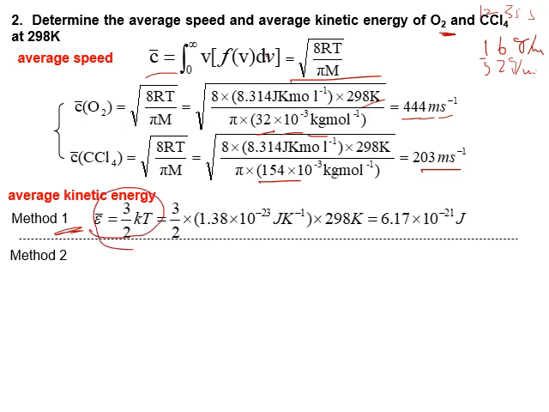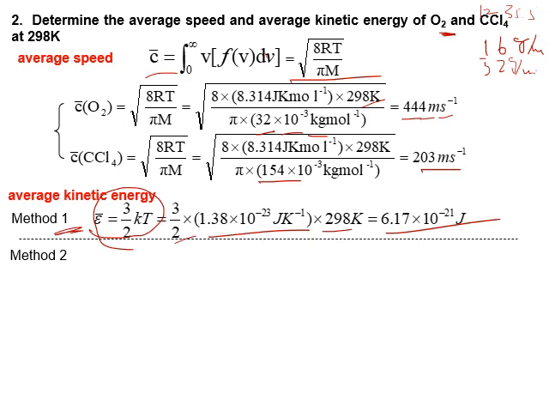That's an important equation and it tells you that temperature is a measure of average kinetic energy. All gases have the same kinetic energy if the temperature is the same. So whether it's oxygen or carbon tetrachloride, they have the same kinetic energy at 298 Kelvin. So 3 over 2 times the Boltzmann constant times temperature gives you the average kinetic energy.